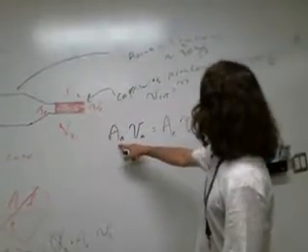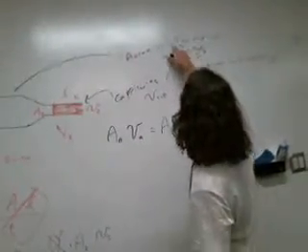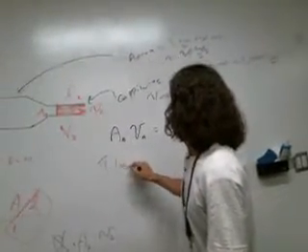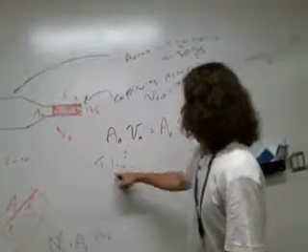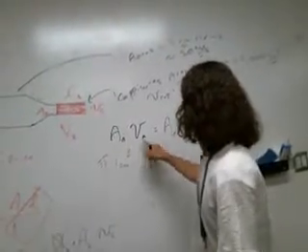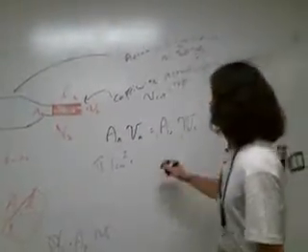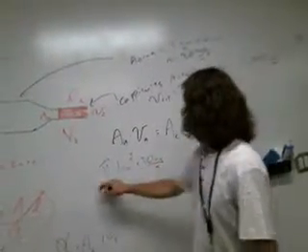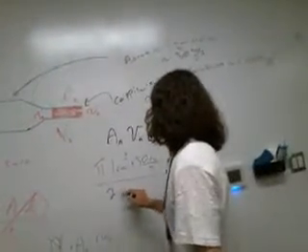So the area of the aorta, what do we got? It was 1 centimeter. So I'll go pi times 1 centimeter squared. So that's pi r squared times the velocity, which is 30 centimeters per second. And I'm going to divide that by the area of the capillaries, 2,000 square centimeters.